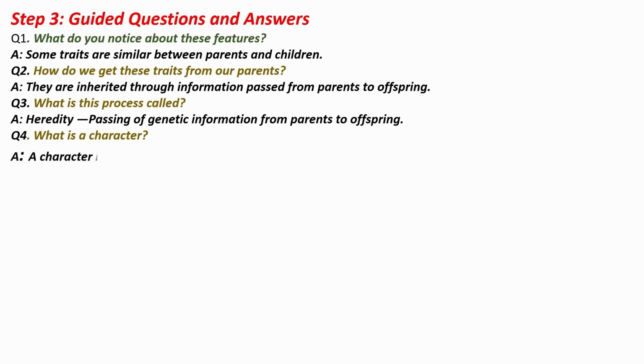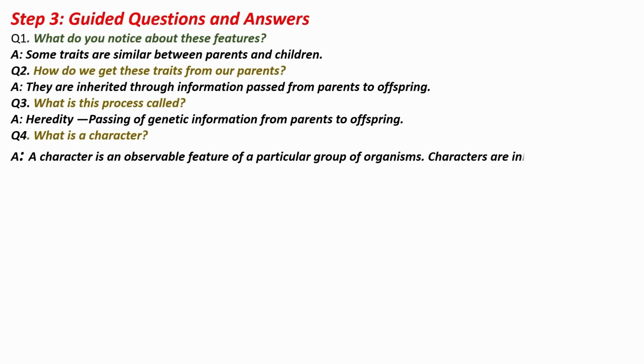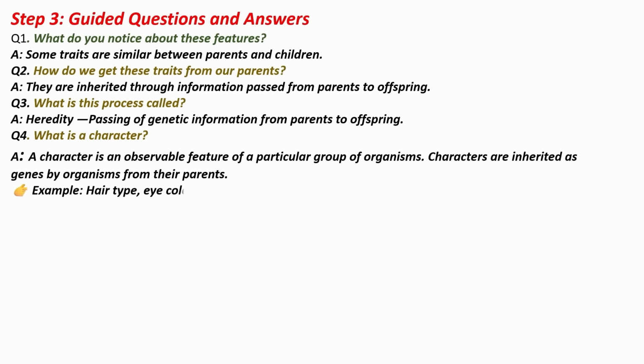What is a character? A character is an observable feature of a particular group of organisms. Characters are inherited as genes by organisms from their parents. Example, hair type, eye color, and height.